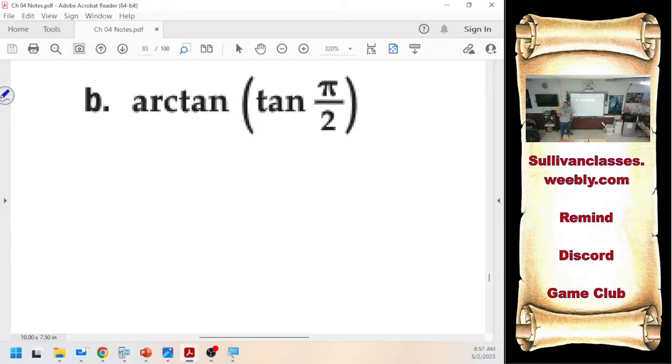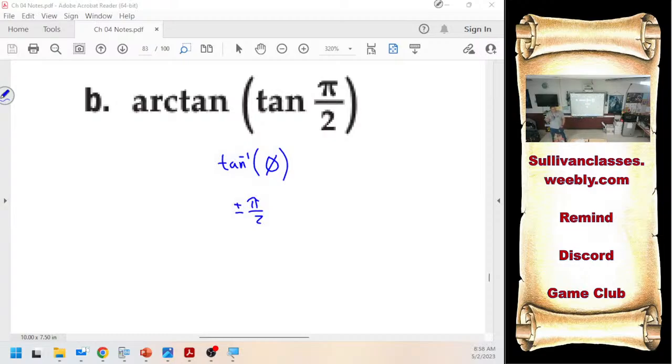Is it possible to do this? I can see where it is on my circle. If the tangent of this is undefined, and I can look up where the tangent is undefined, can I get back to plus or minus pi over 2?